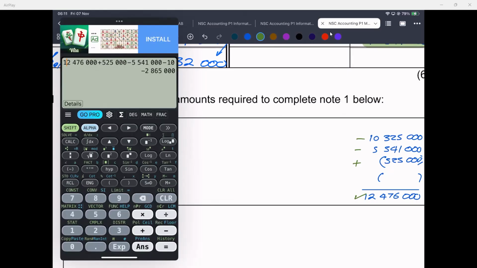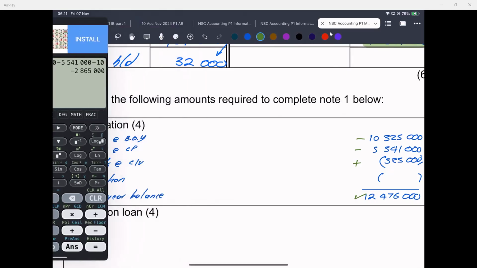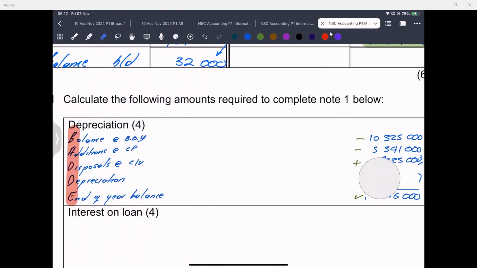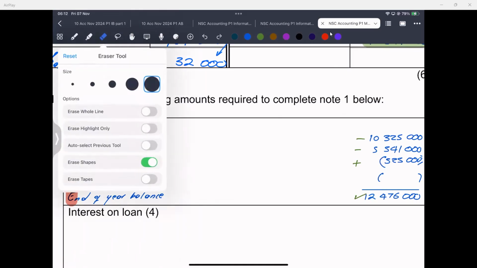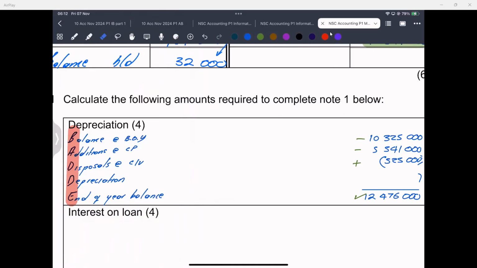It gives me 2,865,000. That will be the required depreciation.